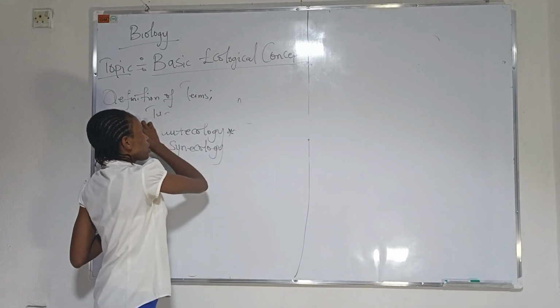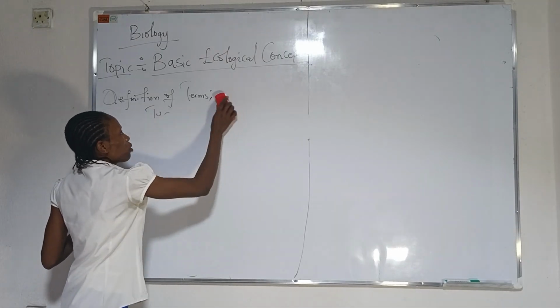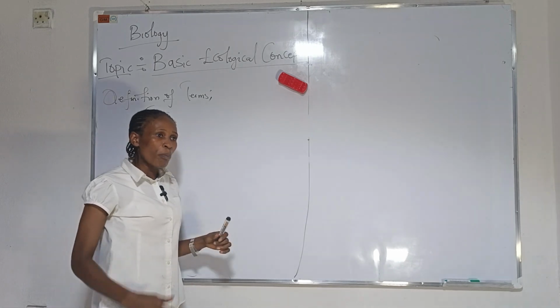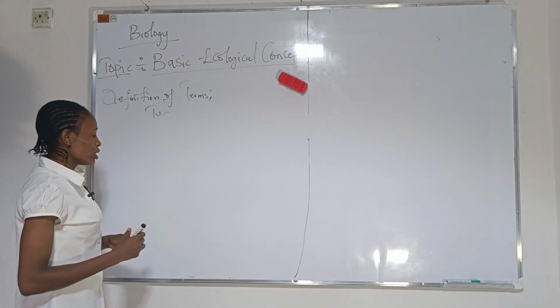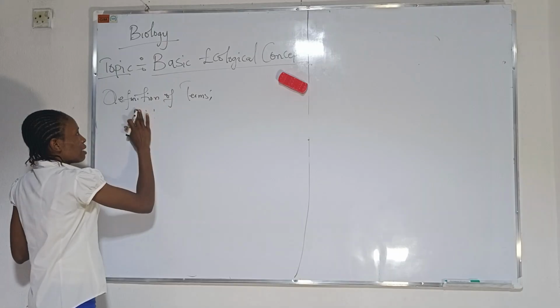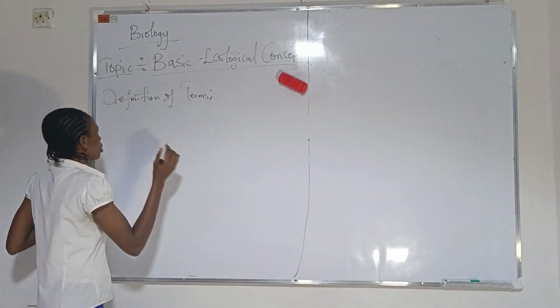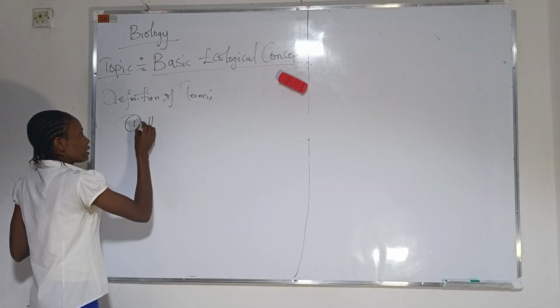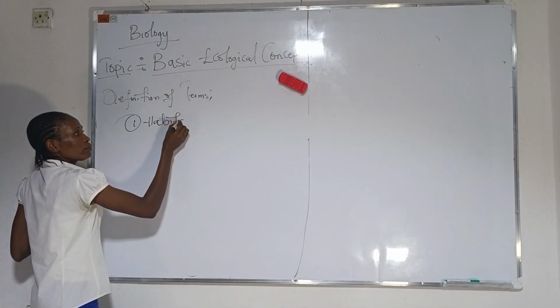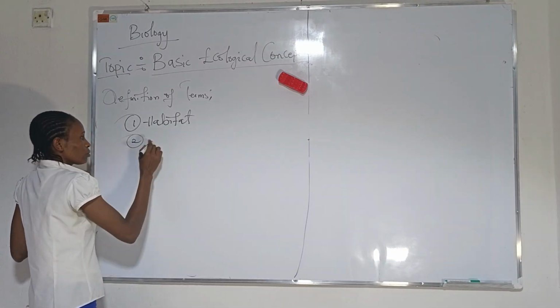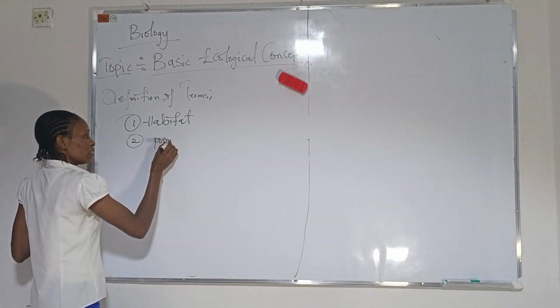We have some ecological terms, or components, that we are going to look at. The terms you are to see under this ecology include: one, habitat. Two, population.